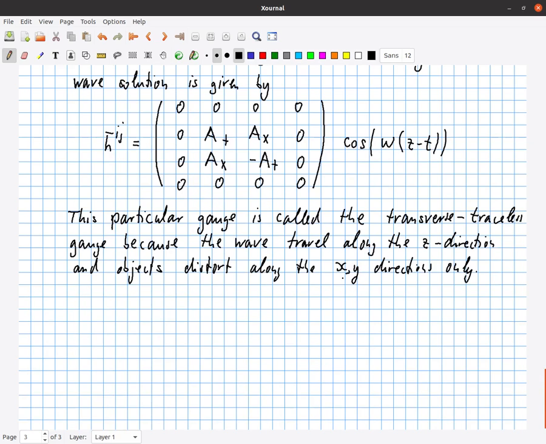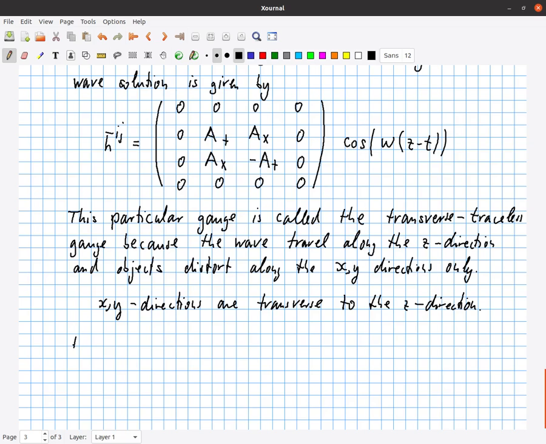And if you think about this wave, the x-y directions, they are transverse to the z direction. And you know when you have waves, you can have transverse waves and longitudinal waves. So these are our transverse waves where the distortion is perpendicular to the direction of propagation.